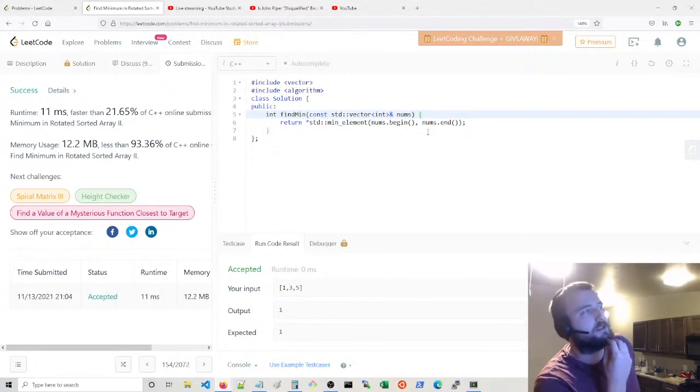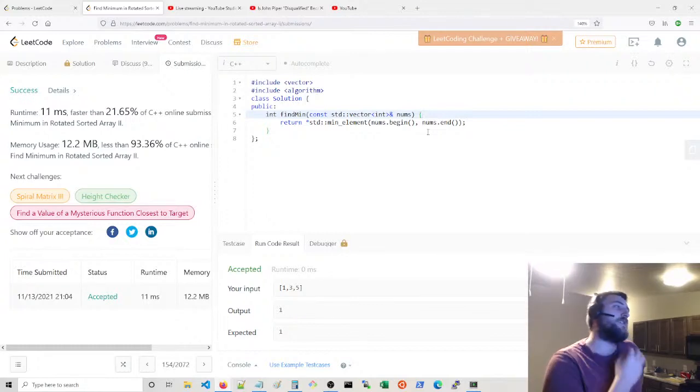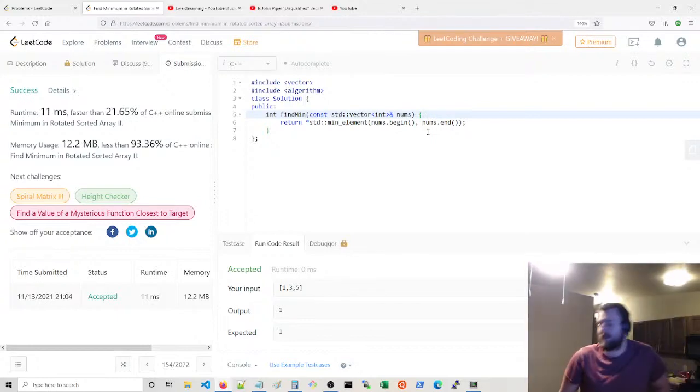If there are duplicates, then I think you're stuck doing this in linear time. I don't think you can use the previous algorithm that I used, and the algorithm that you would use for this, I don't know.